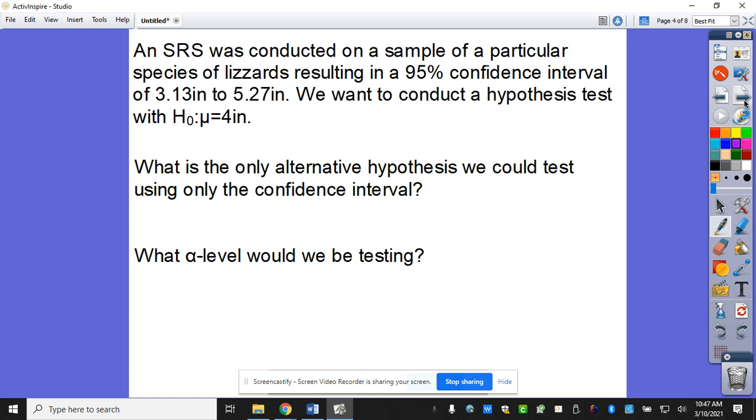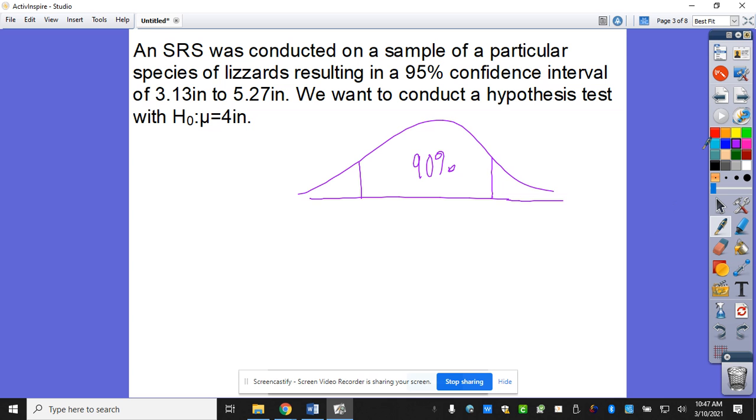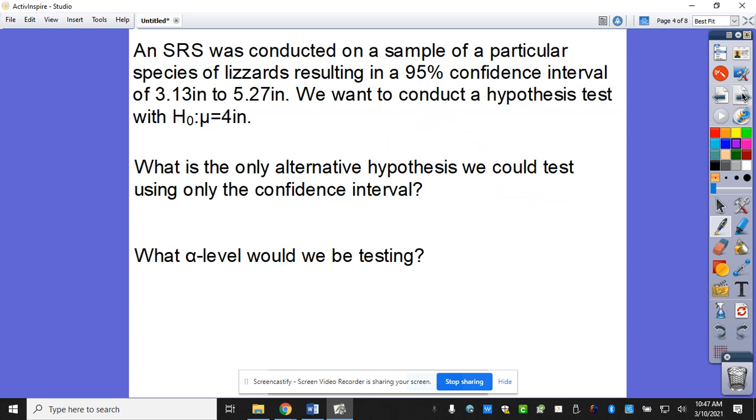What is the only alternative hypothesis that we could be testing? Which one looks like this? Not equal to. So you don't need to write that question, but the answer would be, without me telling you, the only thing I could test would be that. And then the second question, which you don't need to write out, what alpha level would we be testing?